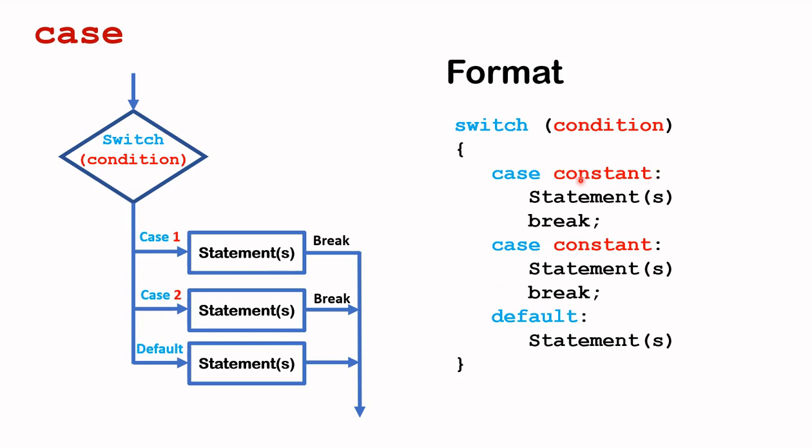So there is the constant, and if the condition here matches this constant, the statements will be executed and they break, and that will be the end of that. But if that doesn't match, then it will move on to compare with the next one, and if this matches, then the statements will be executed, and the break will then stop it and exit. If none of these constants matches with the condition, then the default case statements would be executed, and the program will finish.